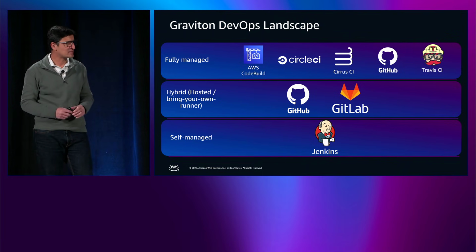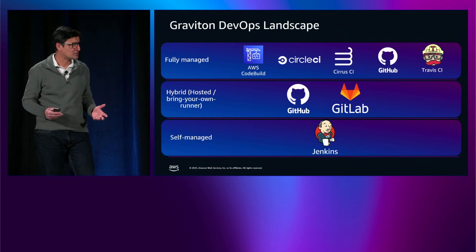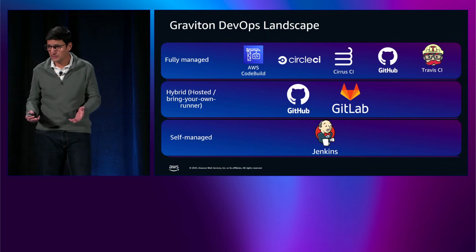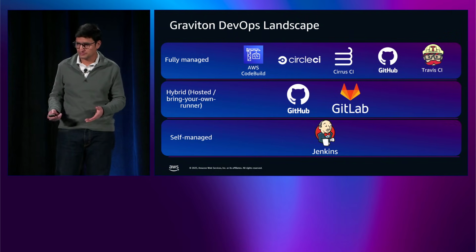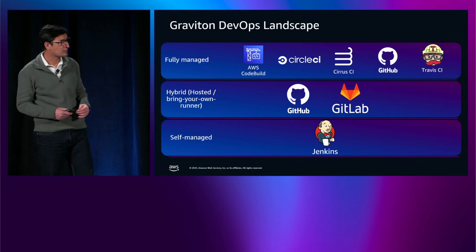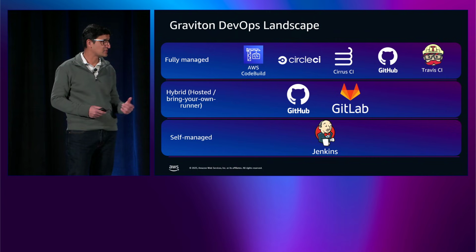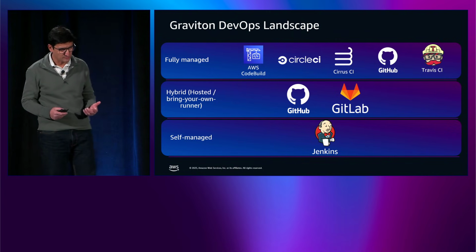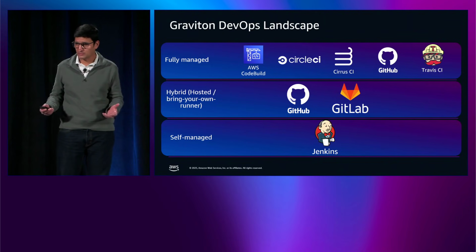You can also use the same CI/CD and automation tools that you rely on today on Graviton. On the fully managed side, for example, services like AWS CodeBuild, CircleCI, and GitHub all offer ARM64 environments.